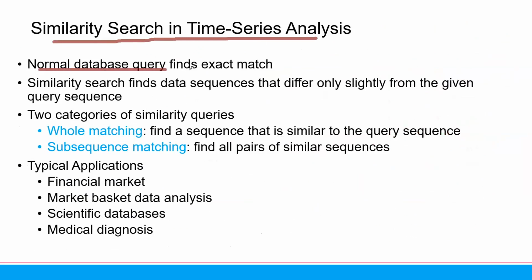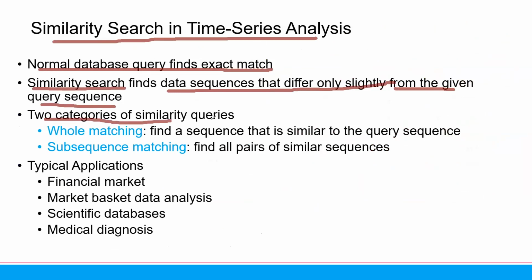In the normal database, you can query to find the exact match. But when we are working with the time series, it's difficult to find the exact match. Usually we use the similarity search. Similarity search finds data sequences that differ only slightly from the given query sequence.